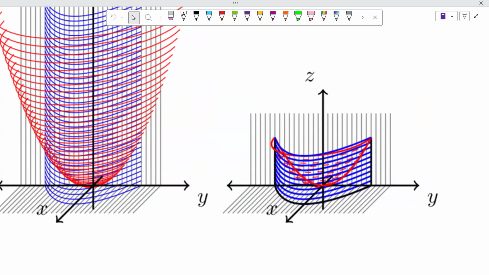Effectively, we've got a parabolic shape in the middle, and then it goes concave, like it dips into itself to come down to the origin. So there's that red shape going through the back of that paraboloid that we can see right up front.